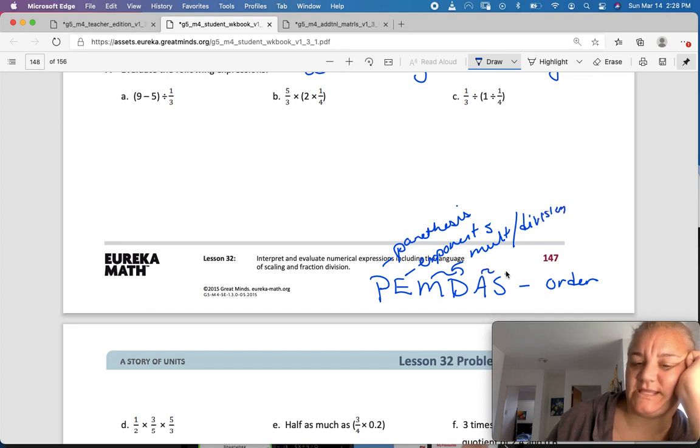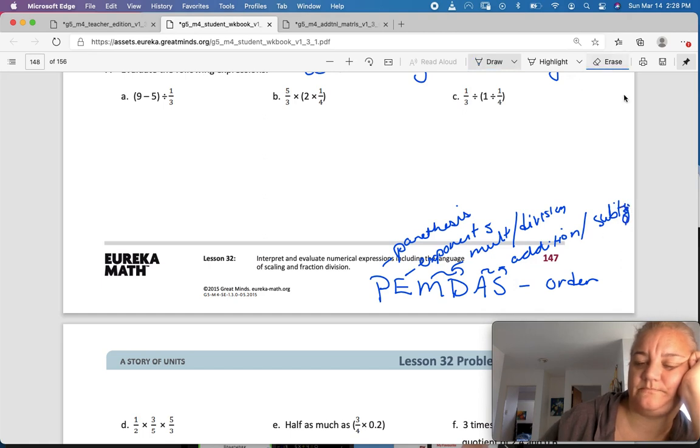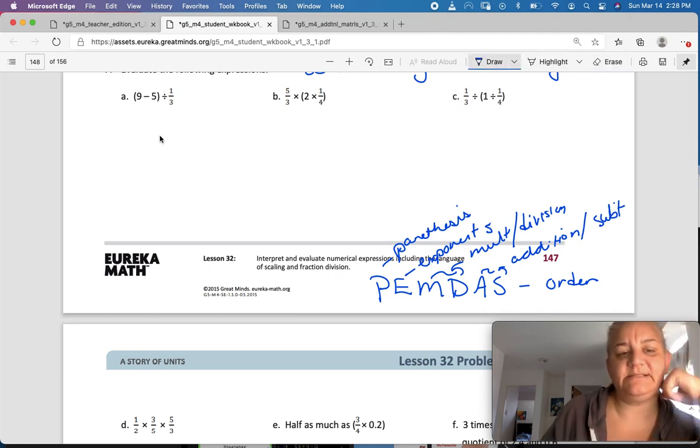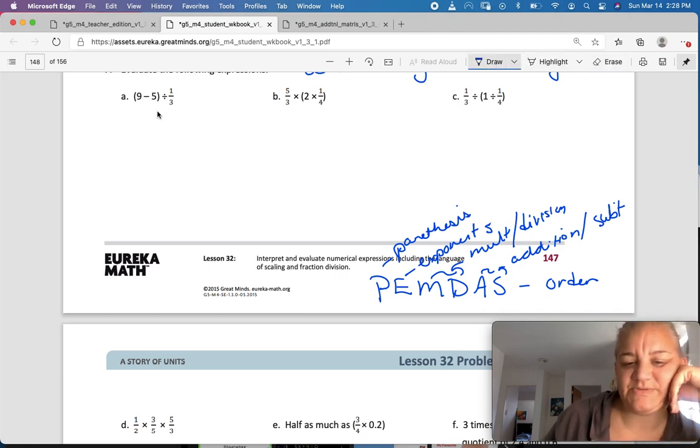And finally, any addition or subtraction. Okay. All right, so anything inside parentheses goes first, right?